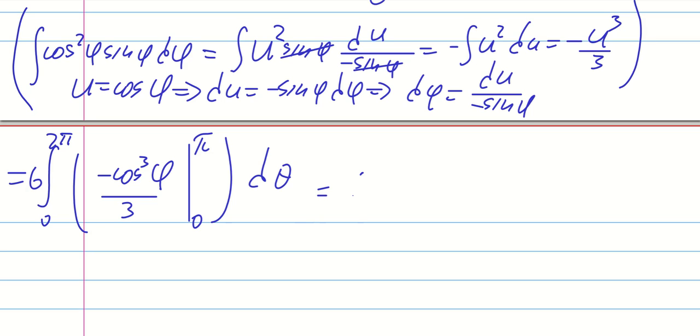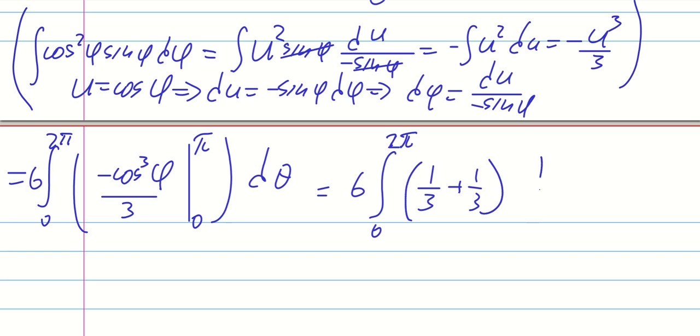So we plug in pi, it's 1 over 3, minus, and then when we plug in 0, minus will be plus, so it's also going to be 1/3, d theta.